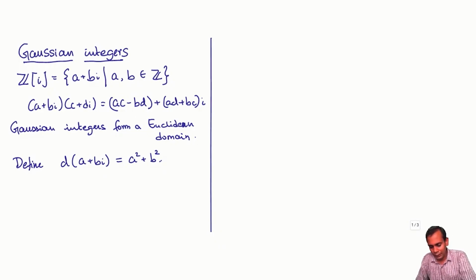Define d of a plus bi to be a squared plus b squared. Recall that if I take the square root of this, then it's just the absolute value of the complex number a plus bi, which is nothing but the distance of this complex number from the zero vector in the complex plane.